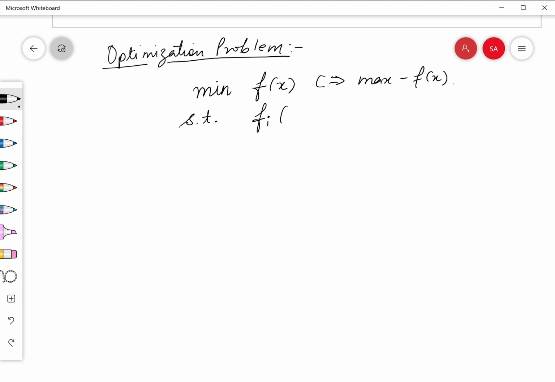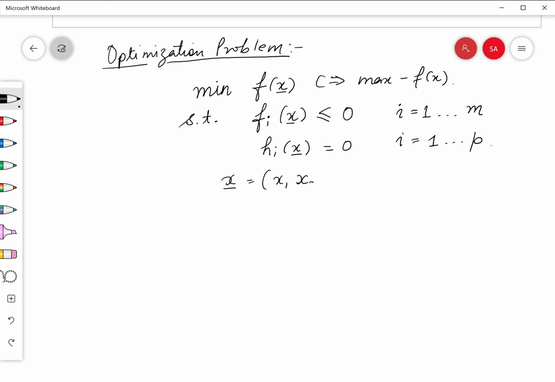For example, let's take fi of x is less than or equal to 0. There are, let's say, m such inequality constraints and p such equality constraints, hi of x is equal to 0, and let's say these all are vectors. Okay, so x is a vector with dimension n.